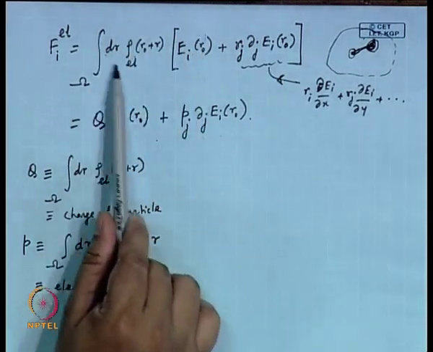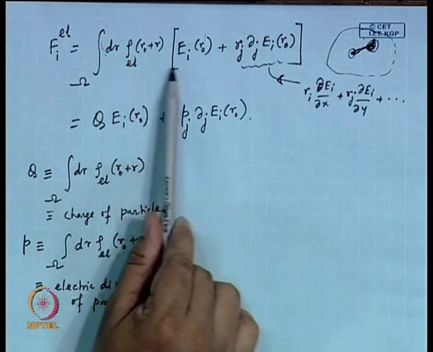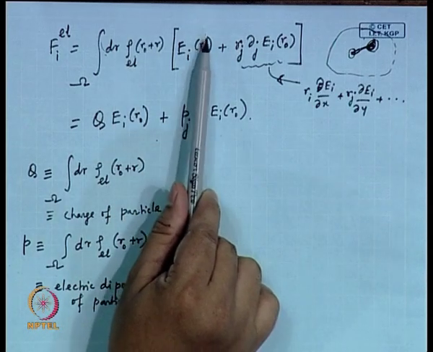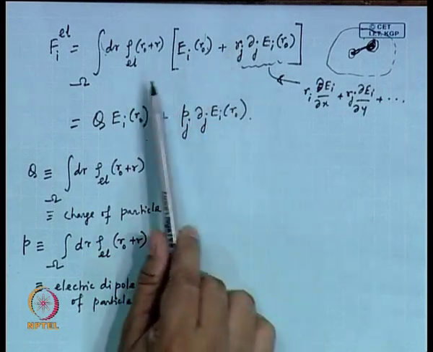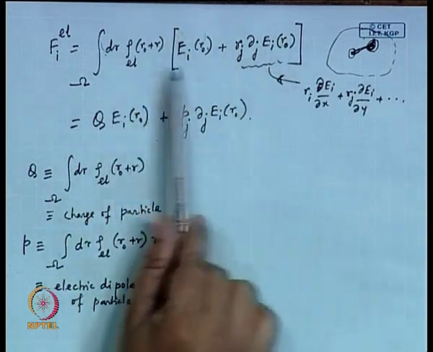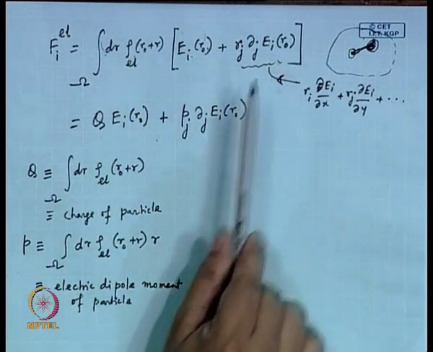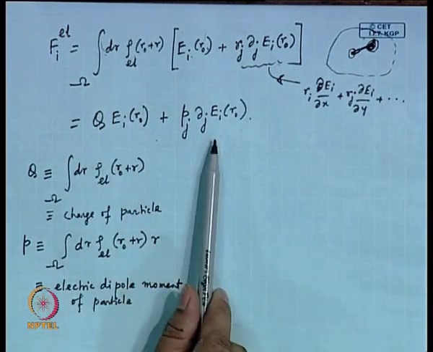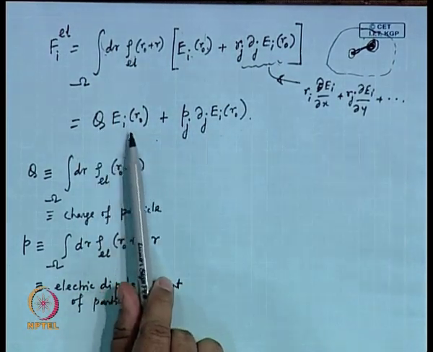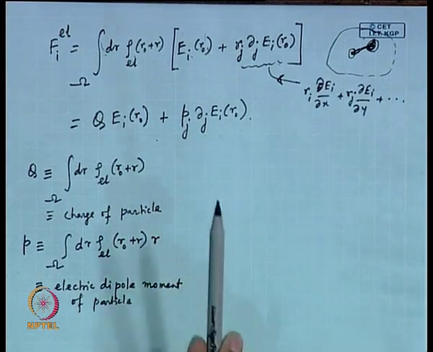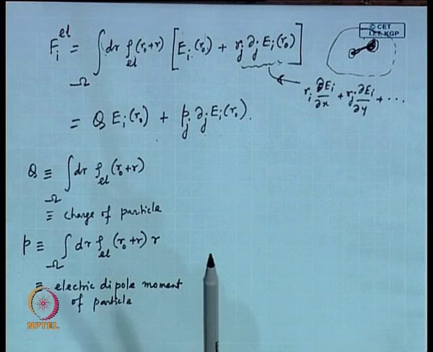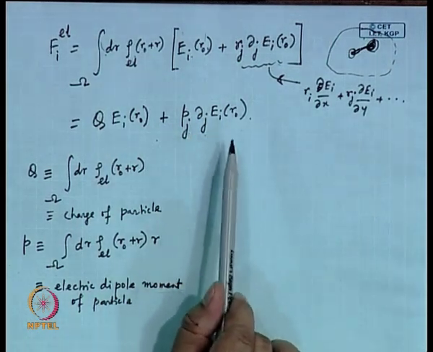So you are clubbing these two terms. Another is this multiplied by this. So you are basically taking this third bracket off, multiplying this with this, and this with this, and you are getting these two terms here. One is Q E_i(R0) and another is P_j del_j E_i(R0), the derivative of it.